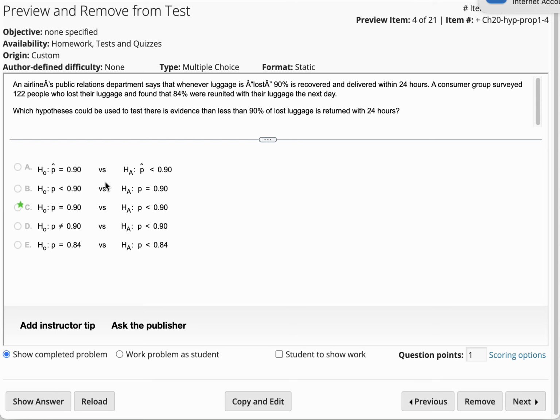All the other things have problems. That's sample, that's an alternative, that's a part of an alternative, and the 84%, who knows where that came from. Okay, so we picked the correct selection here.